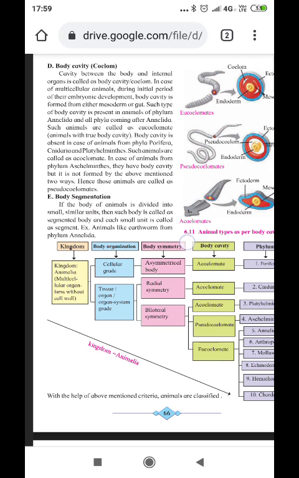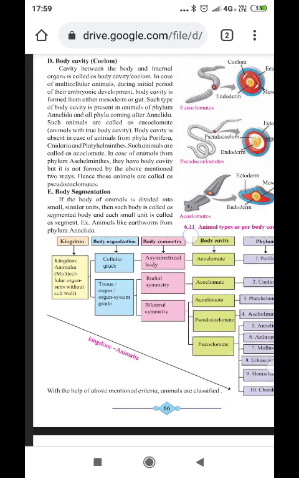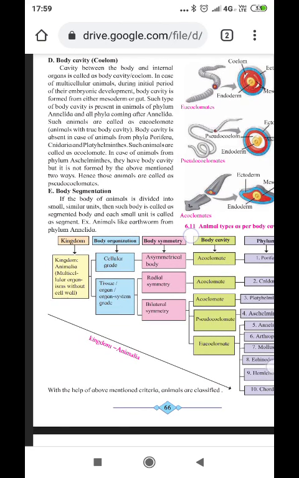Such animals are called acoelomate. In animals from phylum Aschelminthes, they have a body cavity but it is not formed by the above-mentioned two ways. Hence, those animals are called pseudocoelomates. Pseudo means false, here an imaginary cavity is there.